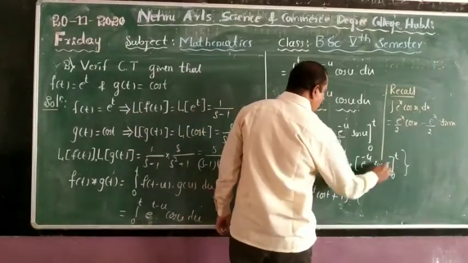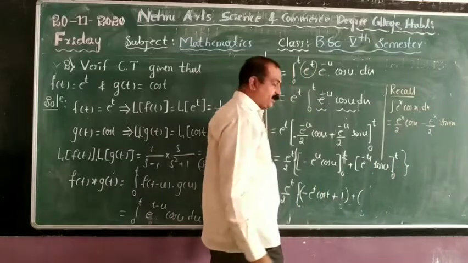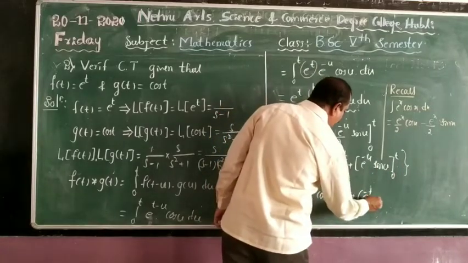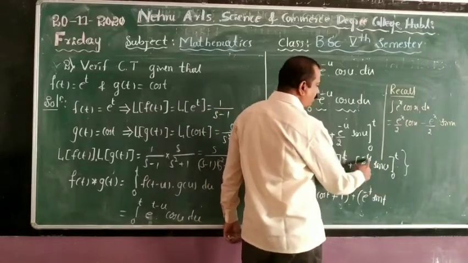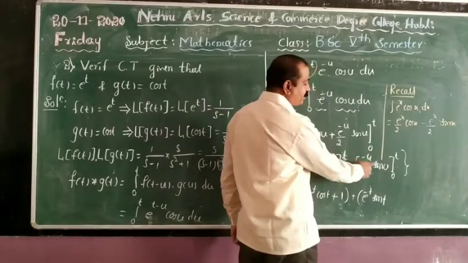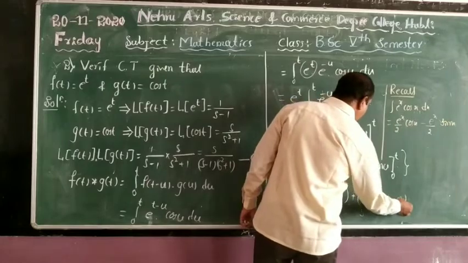Again u is written as t, e raised to minus t into sin t, and then u is 0 means e raised to 0 is 1, but sin 0 is 0, 1 into 0 is 0, totally it is 0.